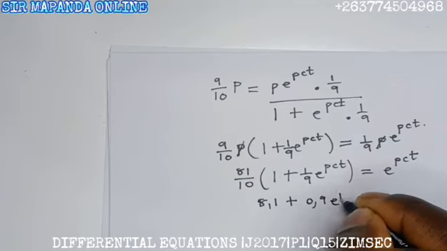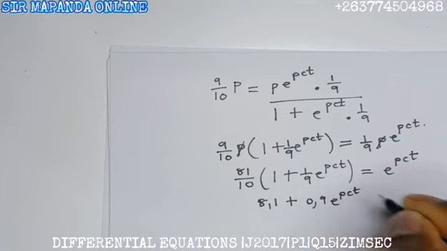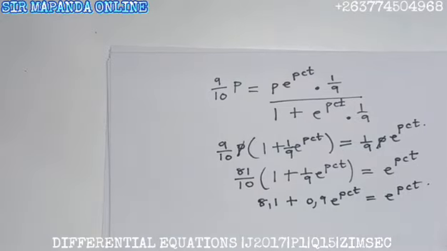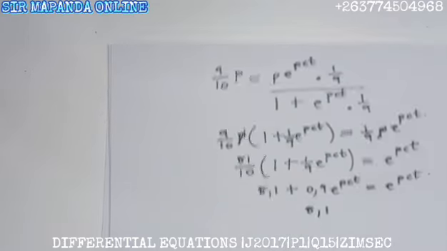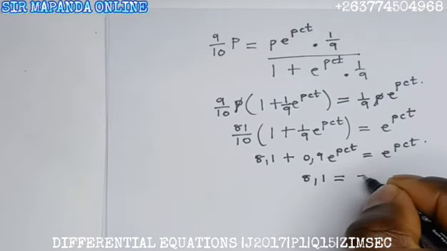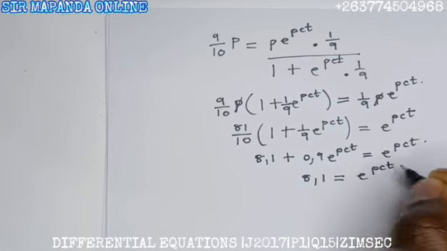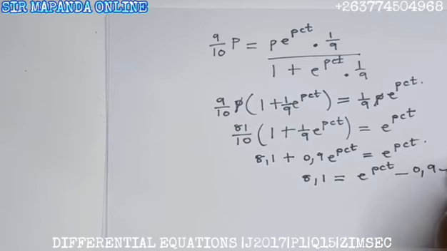I am now moving 0,9 e to the power of PCT to the right. You get 8,1 is equal to e to the power of PCT minus 0,9 e to the power of PCT.